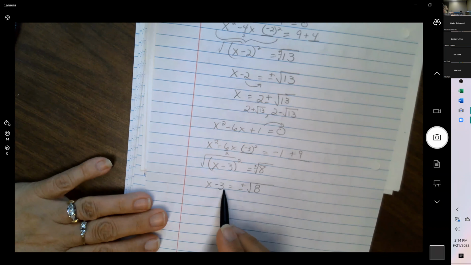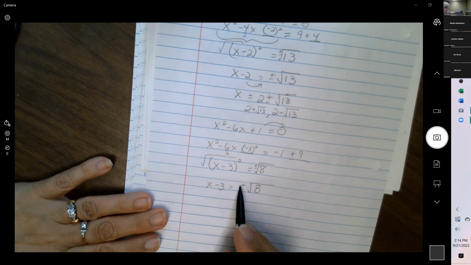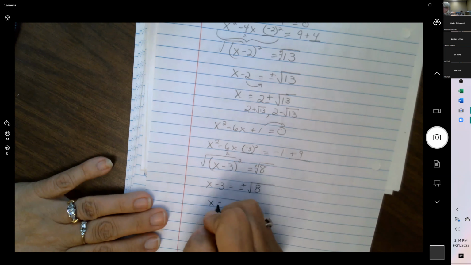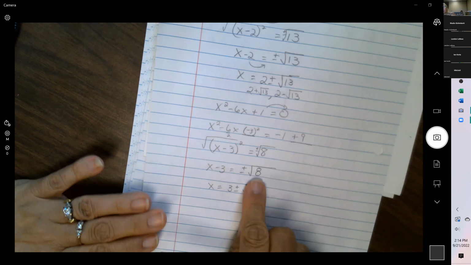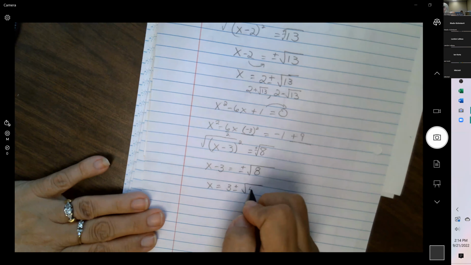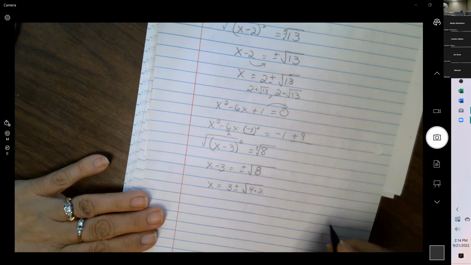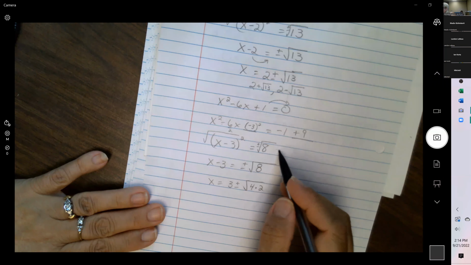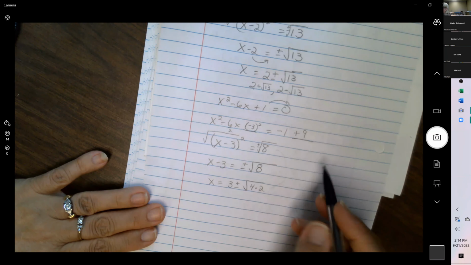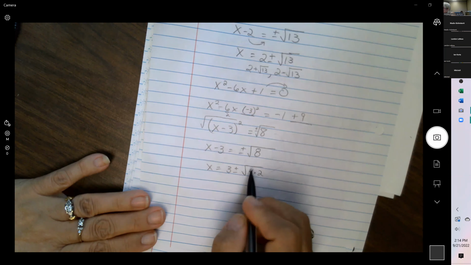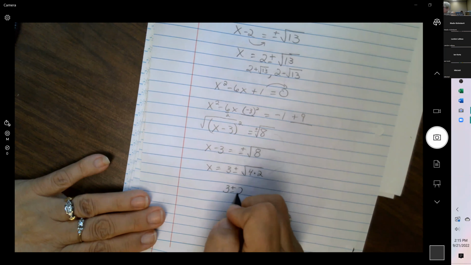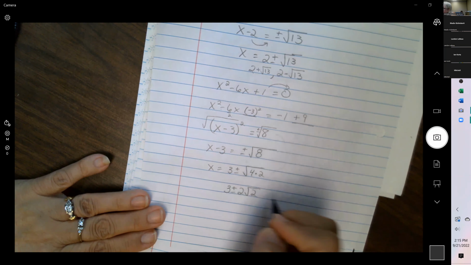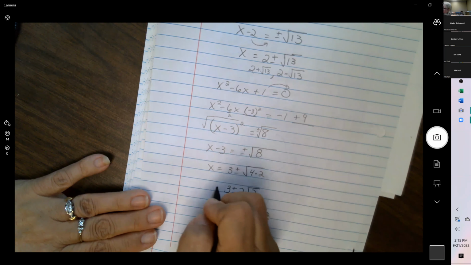So we have this, we want to add the 3 to the other side. Now 8 has a perfect square in it because it's 4 times 2. If you can go right from here to the final answer, that's fine. But 8 is 4 times 2, and we know the square root of 4 is 2. So it's 3 plus or minus 2 radical 2.